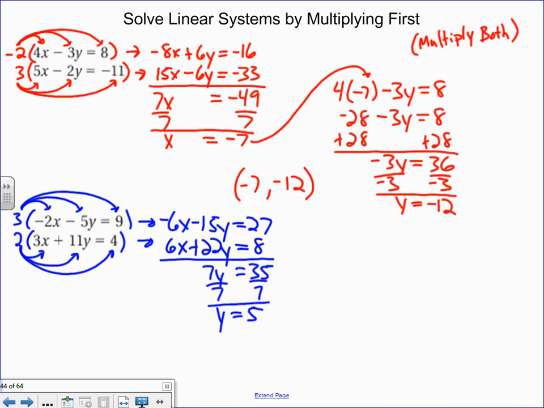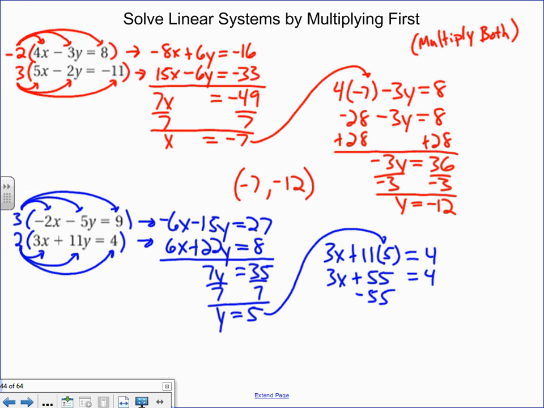Okay, again, just pick one of your original equations. This time I'm going to pick the bottom one. Okay, again, it doesn't matter. So I'm going to have my 3x plus 11. Now instead of y, I'm going to take my 5 and substitute that in there. And that's going to equal 4. So we get 3x plus 11 times 5, which is 55, equals 4.